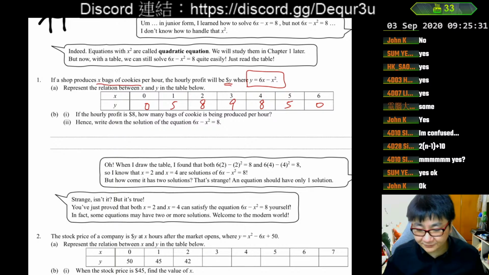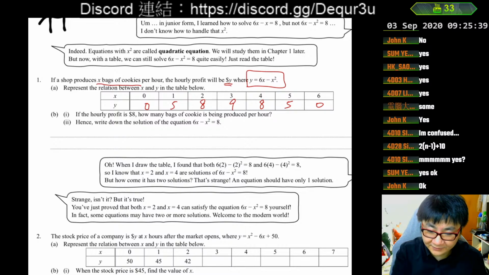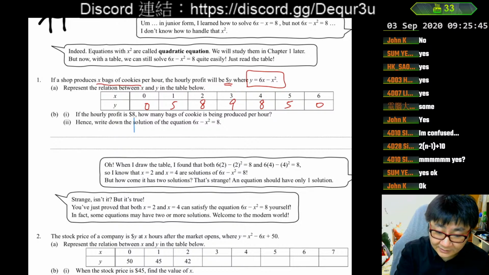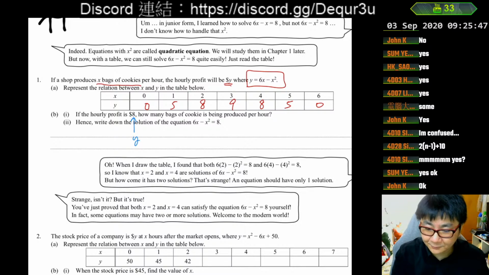Now, if the hourly profit is $8, how many bags of cookies are produced per hour? That means the profit is y, so y is 8. From the table, we can see where y is 8. We can see y is 8, y is 8.